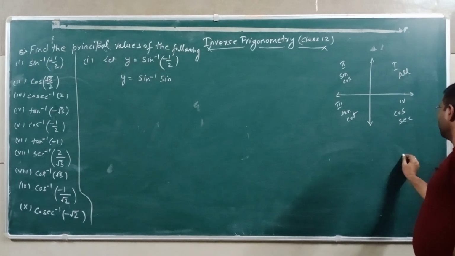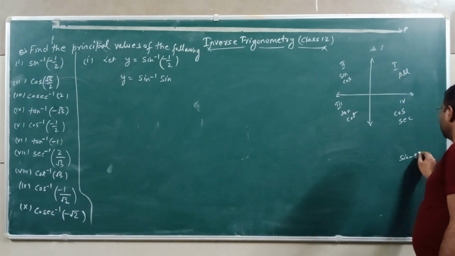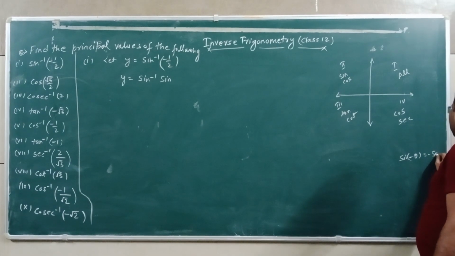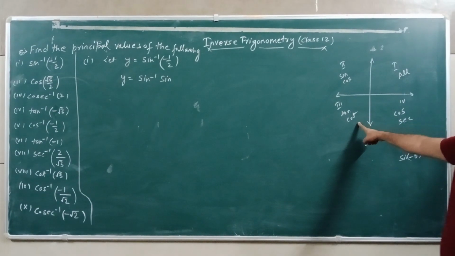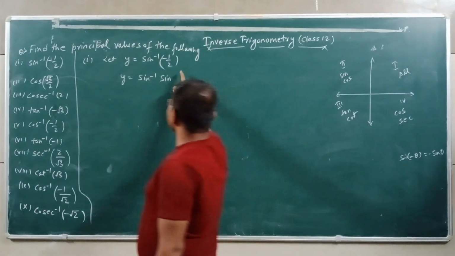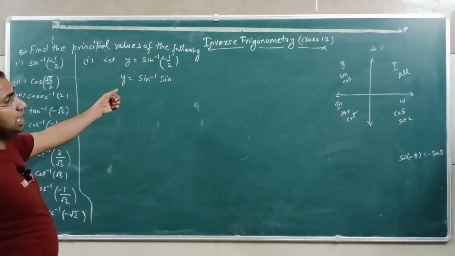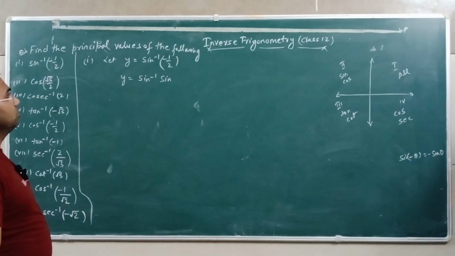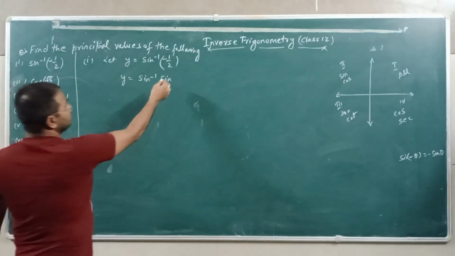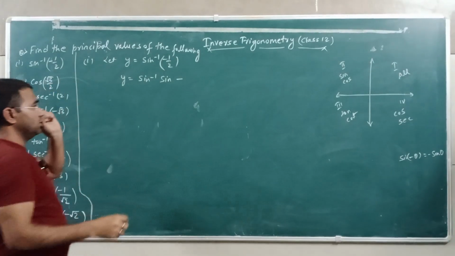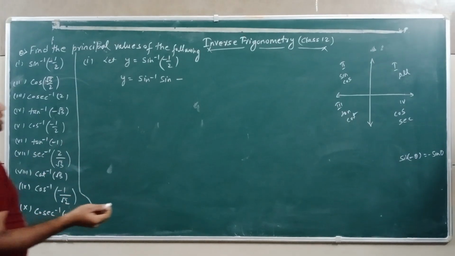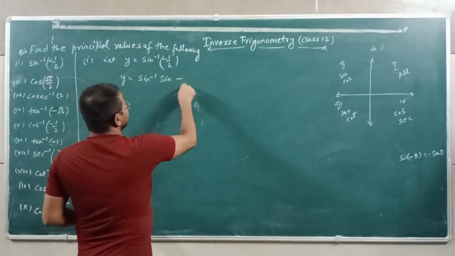As you know, sine of minus theta is equal to minus sine theta, it means it will be either in the fourth quadrant or the third quadrant. So this angle will be either in the fourth quadrant or the third quadrant. Minus 1 upon 2 is the value of sine 30 degree. 30 degree can be written in radian form as pi upon 6.